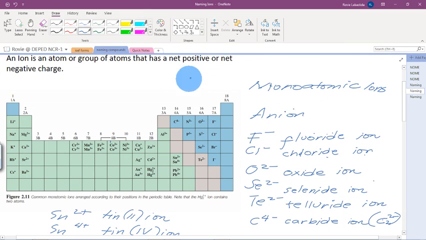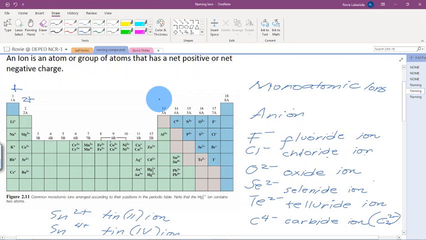Now, how do they form? How do atoms form their ions? An easy way for you to remember is for group 1A, all of the atoms here form a cation with one positive charge. For group 2A, the atoms form their cation with a 2 positive charge.